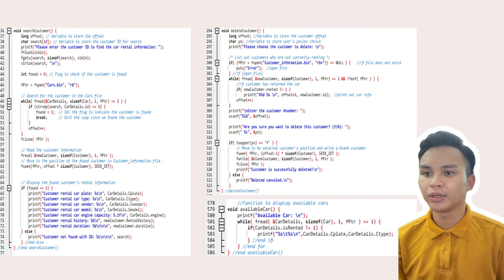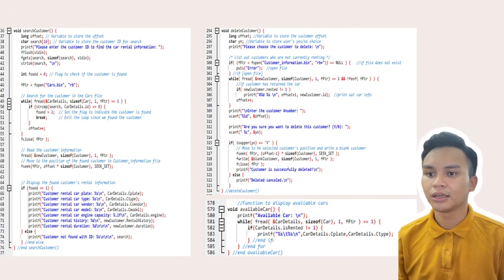For example, it will print car plate, rental car type, rental car vendor, rental car model, rental car engine capacity, rental history, and rental durations. But if the customer is not found, it will print customer not found with ID.